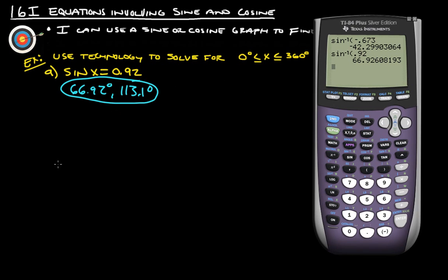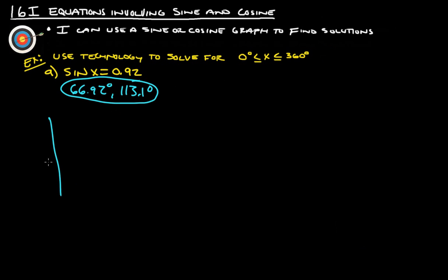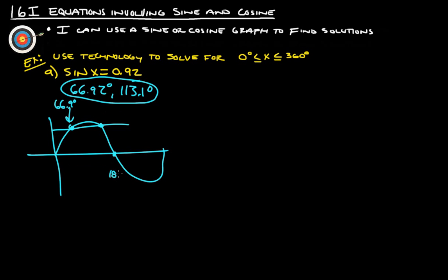Okay, now here's the trickier part. Now you kind of have to figure out what this graph looks like. So here is the sine curve, right? And we know that we just hit there at 66 point, let's call it 66.9 to make our life easy. We know it's also going to hit over at this spot here. This is the way I like to think of it. This is 180 degrees, and I know that from here to here is 66.9 degrees.